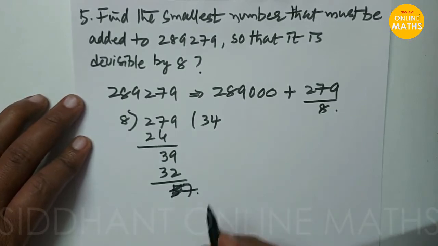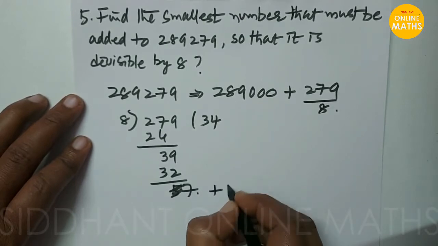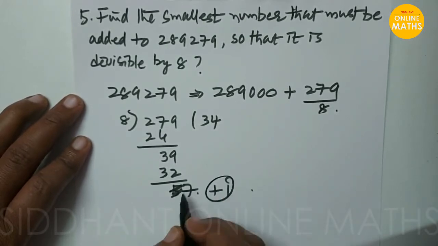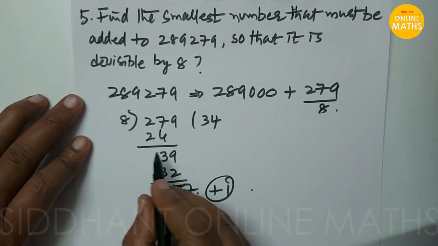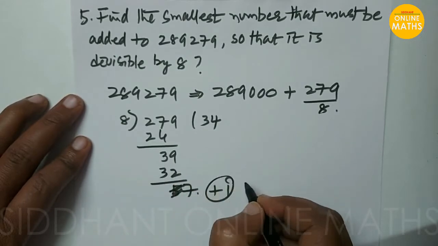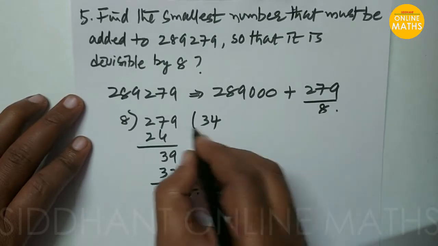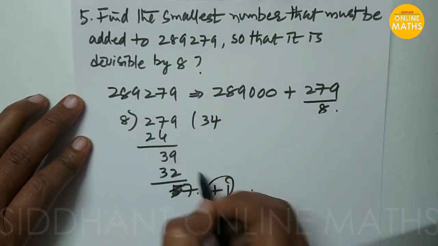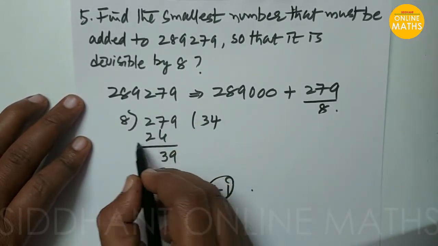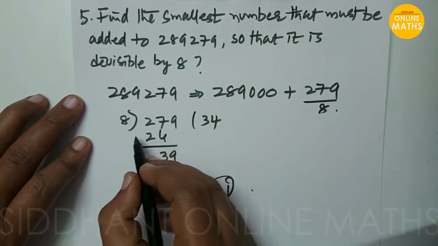So remainder 7 means we are going to add plus 1 here, so that we get 8 here. So we are going to add plus 1 to this number, then we can say that this whole number will be exactly divisible by 8 here.